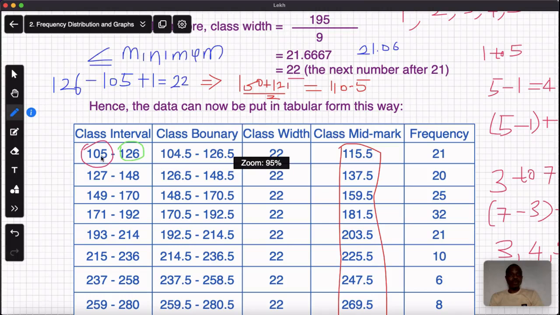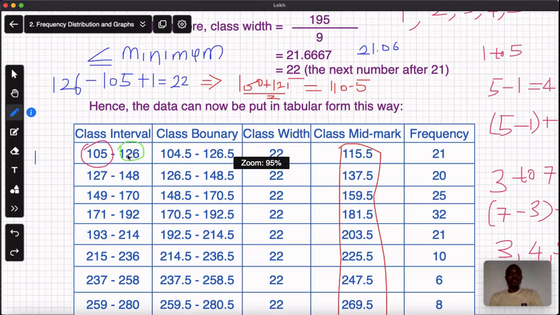So you need to add 21 to 105 rather than 22. If the class width had been maybe 10, you'd have needed to add 9 to 105. So you add the class width minus 1 to the lower class limit to get the upper class limit. That's what I've done to get 126.